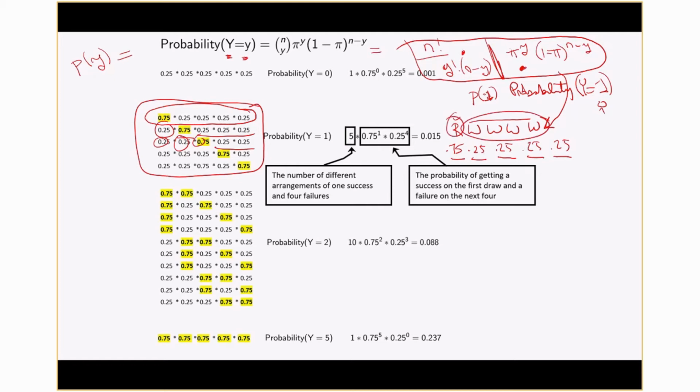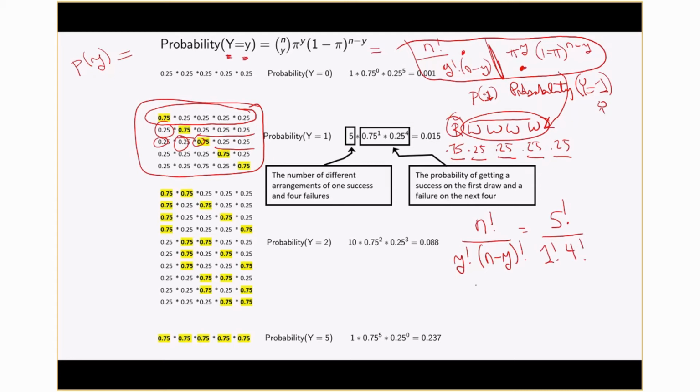And don't worry about that. Just know the formula, and the formula is n factorial over y factorial times n minus y factorial. So in this case, it would be 5 factorial, because remember, n is the number of trials. In this particular case, we're thinking about one red ball, so it would be 1 factorial times 4 factorial.